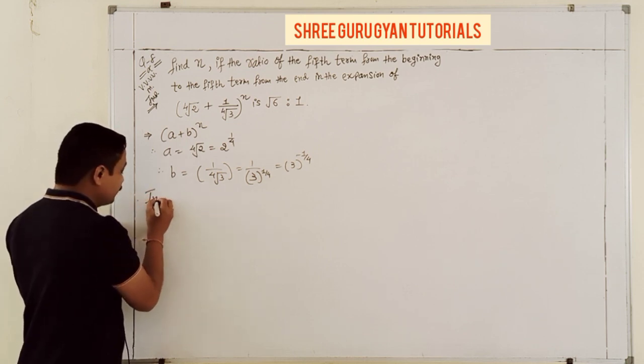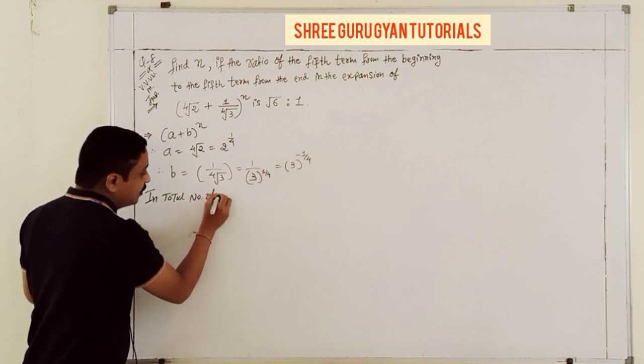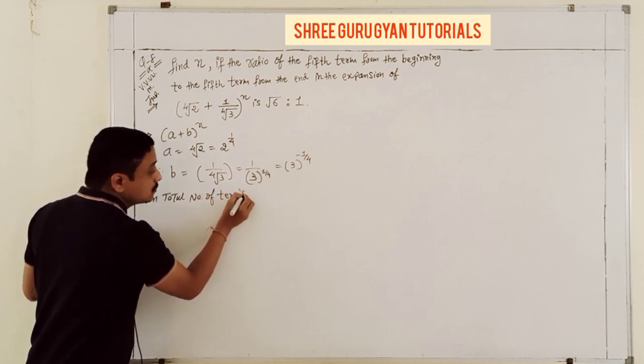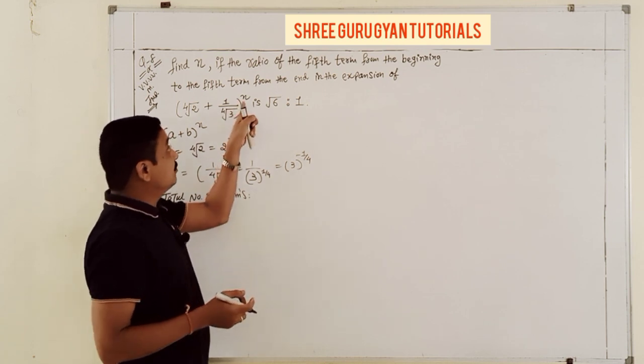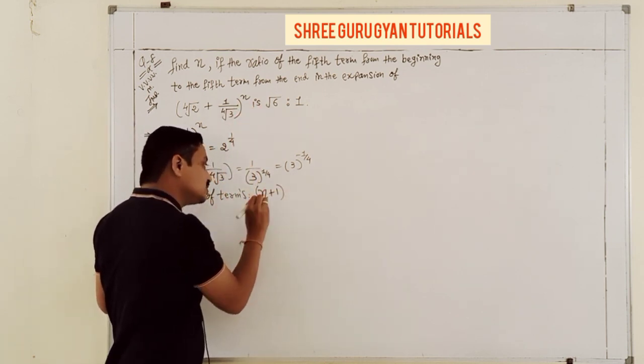Now I start with the total number of terms. How much? The power is n, but the total number of terms in the expansion is n plus 1.